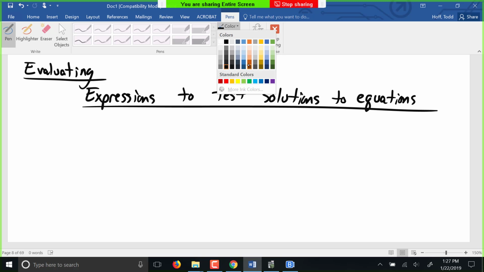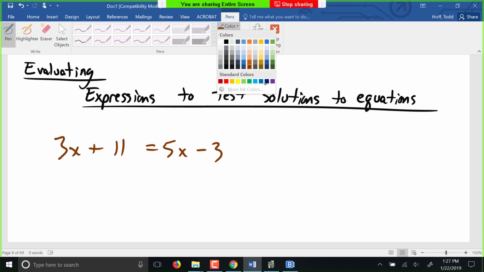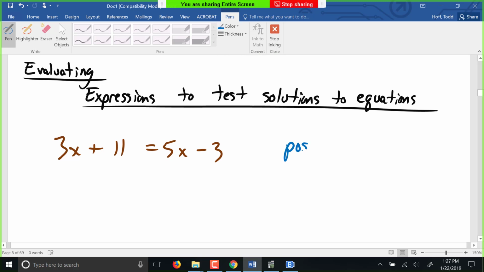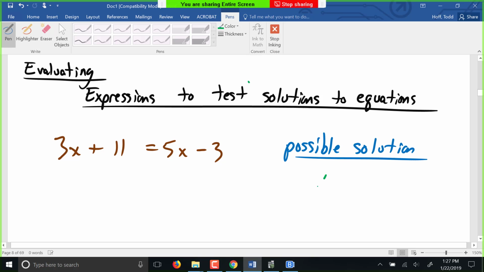What do I mean by that? Well, if I give you 3x plus 11 equals 5x minus 3, and I tell you a possible solution is x equals 4.